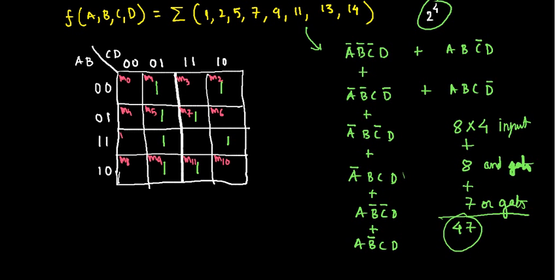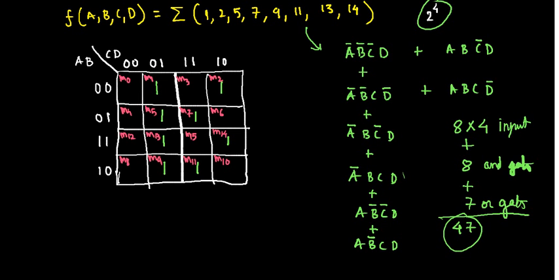Now M12, 13, 14 is here, and 15. Okay, it's one only for 1, 2, 5, 7, 9, 11, 13, 14. Is this okay? Fine. So that's the first step.